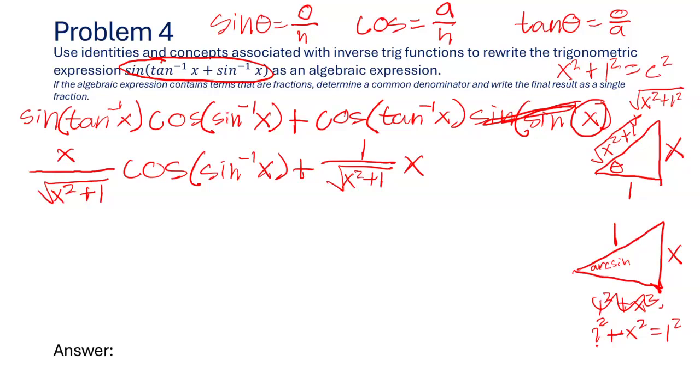So we can do our missing side squared equals 1 squared minus x squared. Then take the square root of everything to get our missing side equals the square root of 1 minus x squared. The same thing with the 1, because 1 squared is 1, we can just write 1. Okay, so that's our missing side. Goes right there.